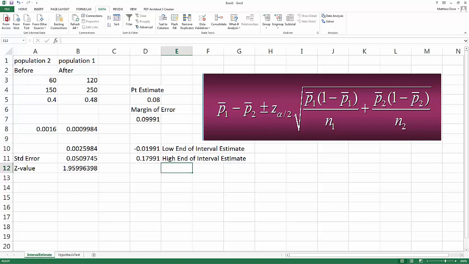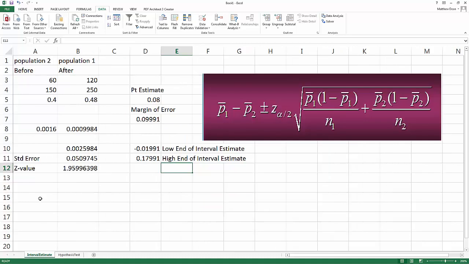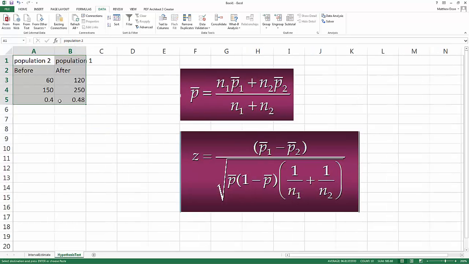So, hypothesis test. I'm going to be copying and pasting a little bit here. Let's calculate P bar, which is the pooled estimator.